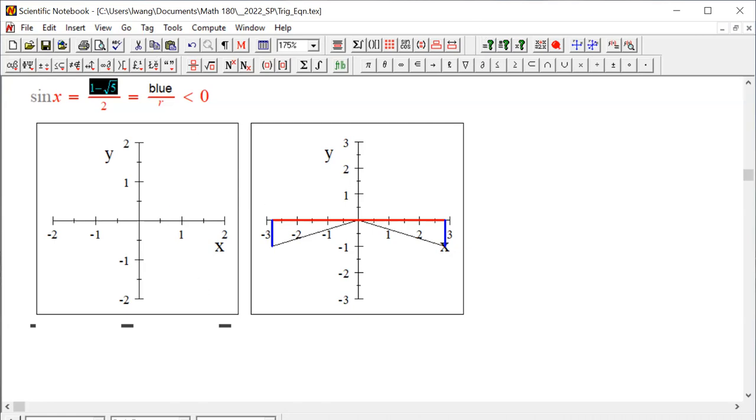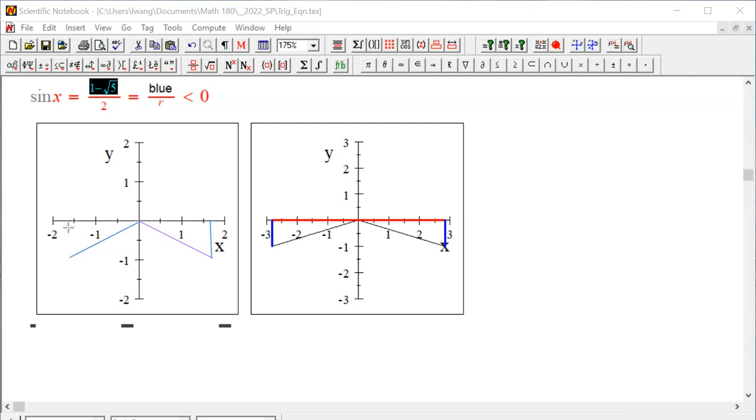So the blue is 1 minus root 5. Let me draw the picture. The R is 2, so we're going to have something like this. The blue is this piece, and we have another piece on the other side.